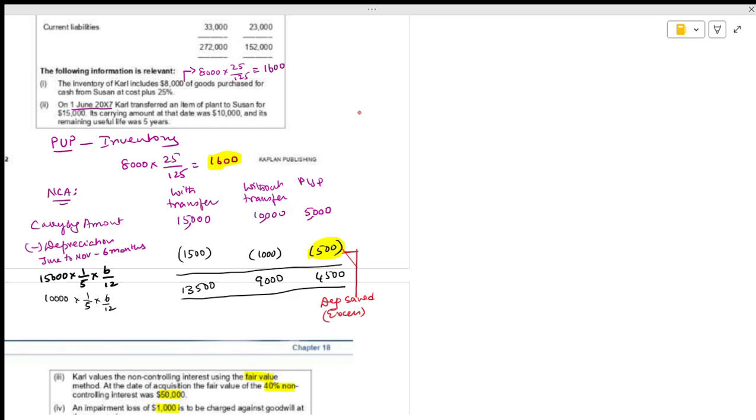This is what it says. In inventory, profits will decrease, whereas in non-current assets the profits will increase. Why? Because in non-current assets we take the basis of cost. The value will be less, the depreciation will be less, the depreciation expenses will decrease, and the profits will increase.